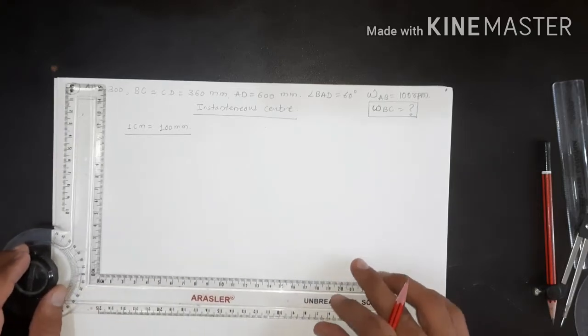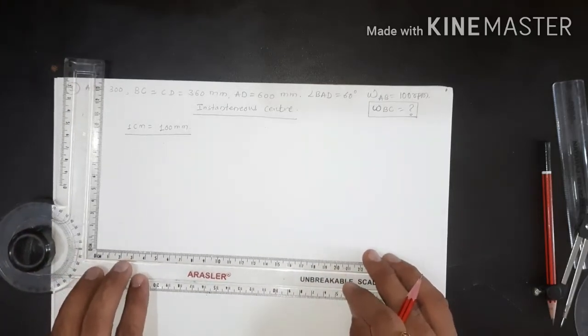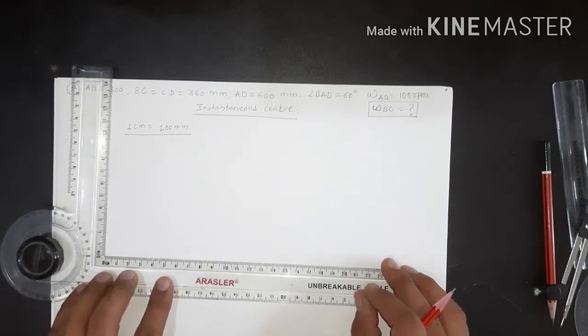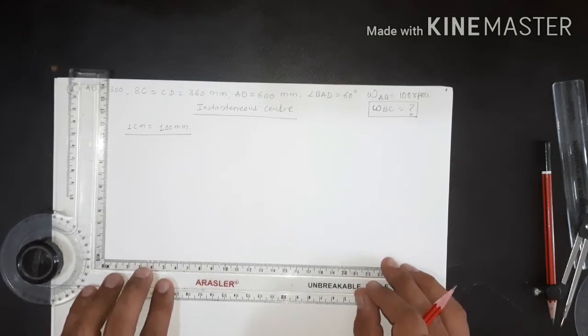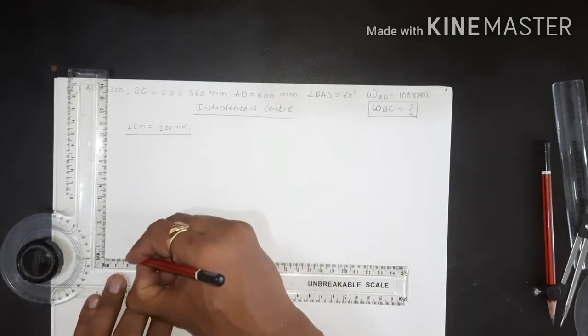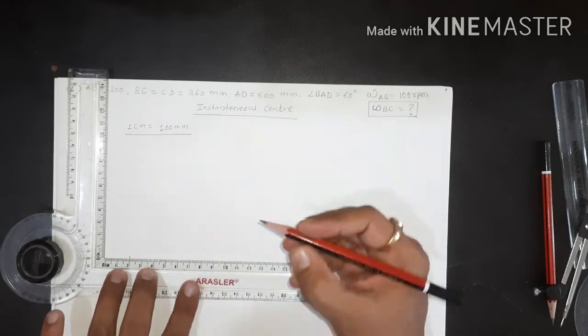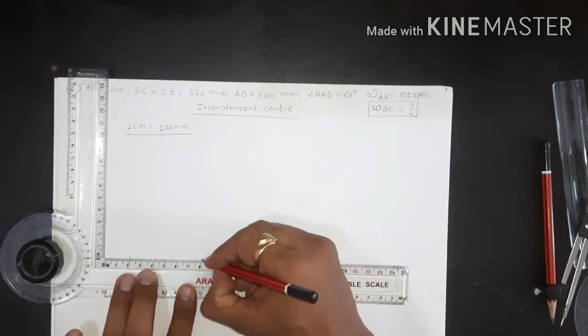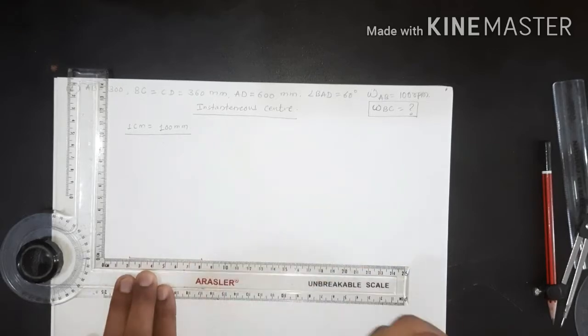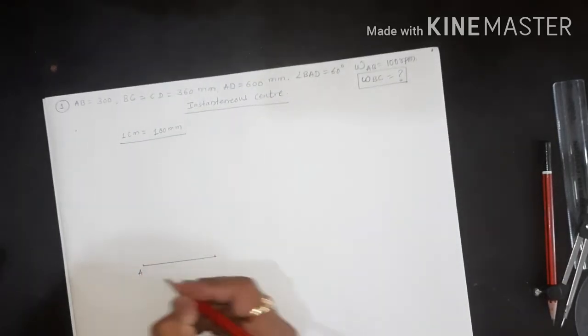Now, AD is 600 mm. So it will be a 6 centimeter line I'm going to draw, right? So a 6 centimeter line. So from here 2 to 8. So this will be my AD, right? Let me just name this.